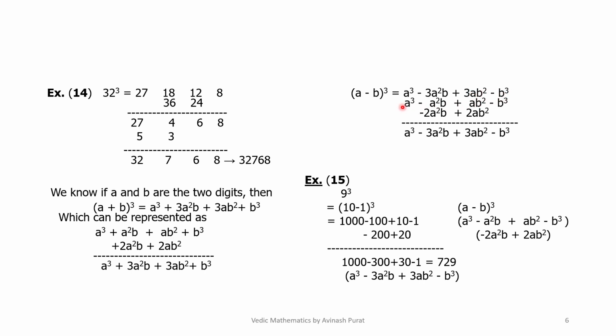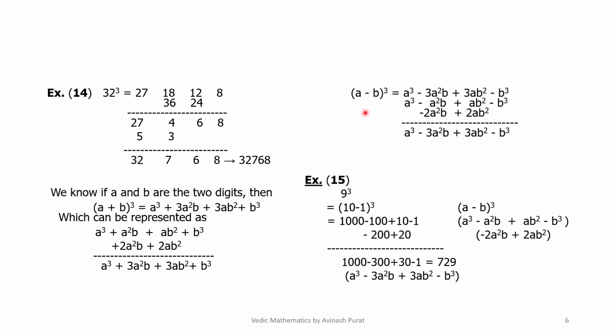That is a cube, minus a square b, plus ab square, minus b cube, and in the second row we take the second figure minus 2a square b, and the third figure 2ab square plus 2ab square. So the total is a cube, minus 3a square b, plus 3ab square, minus b cube.